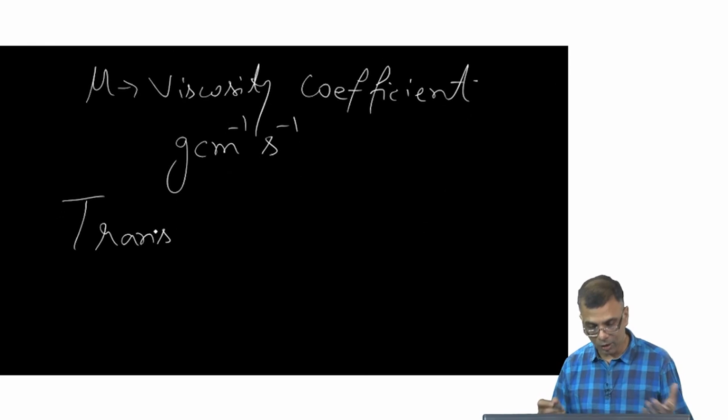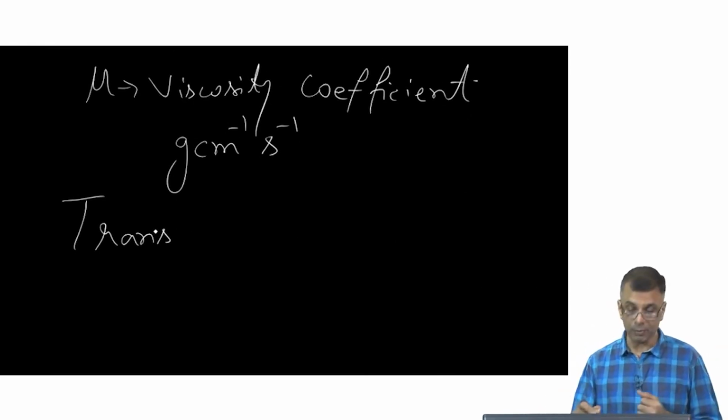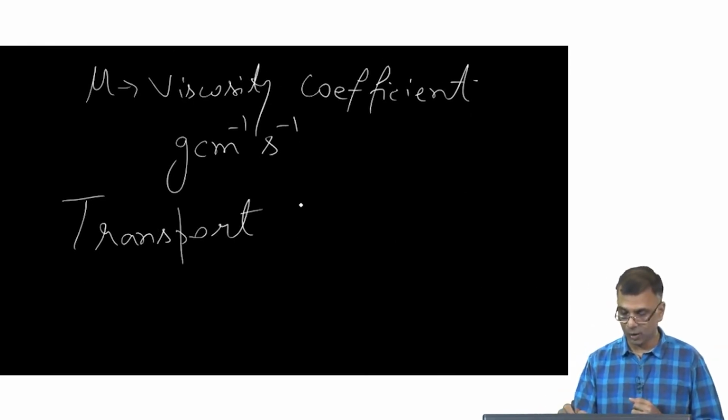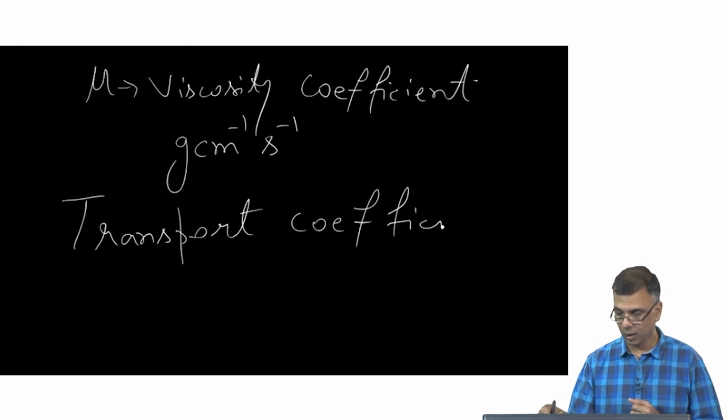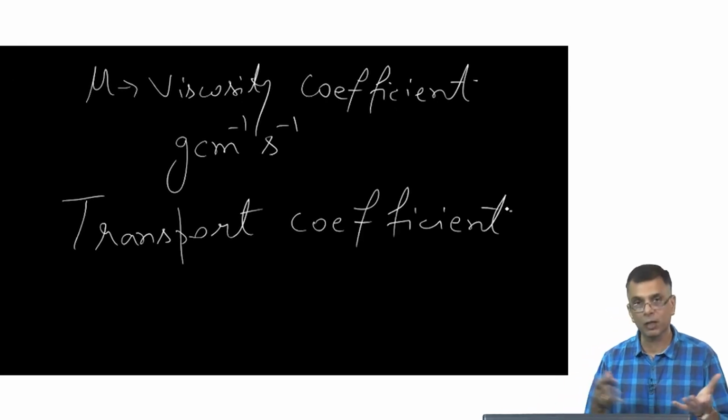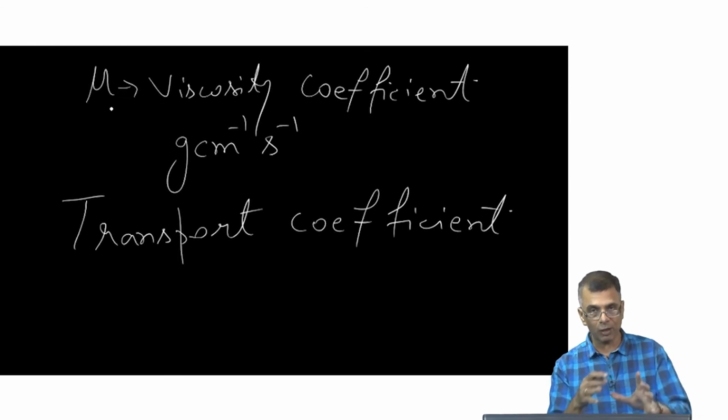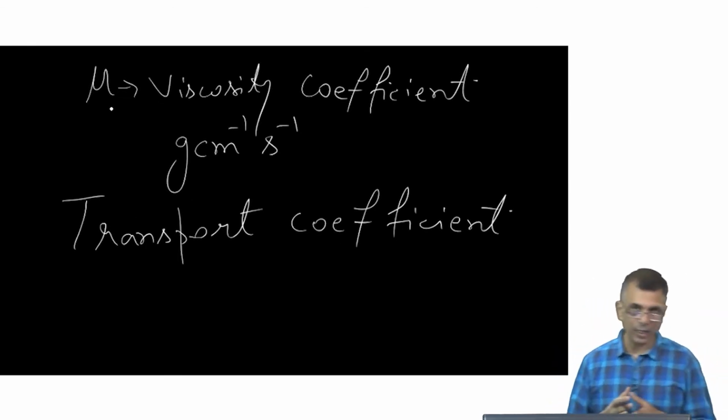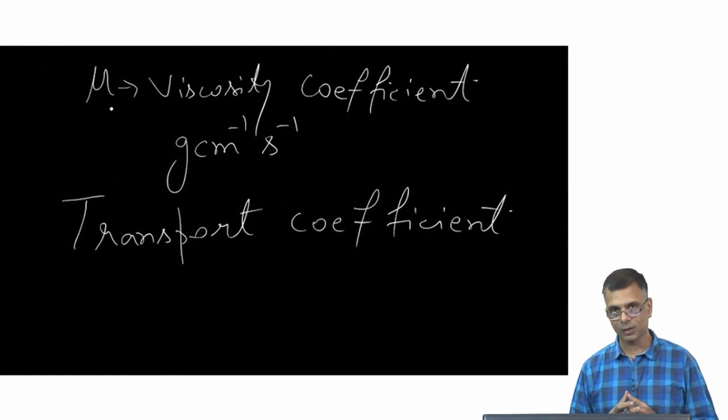What does it describe? It describes the transport of momentum. And this is simply taken to be a property of the fluid. This is a particular number for a particular fluid, just like thermal conductivity or something else, right.